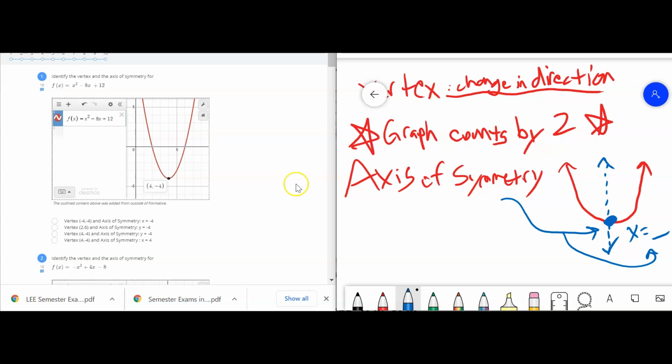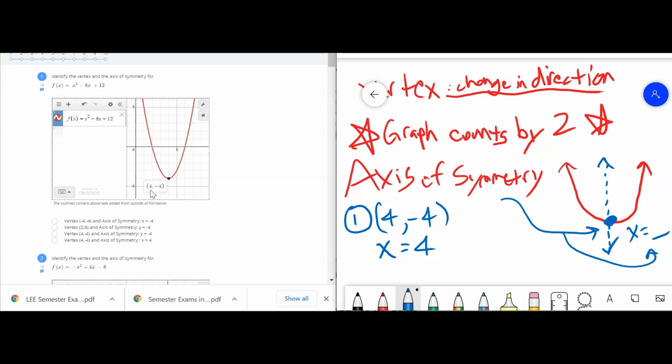So let's think about over here. Here's my parabola, here's my vertex. What's the x value of that vertex? 4, right? So for number 1, we said the vertex is 4, -4, and our axis of symmetry is always x equals, and what's the x value of that vertex? 4.